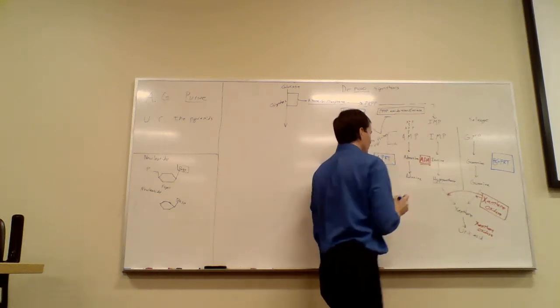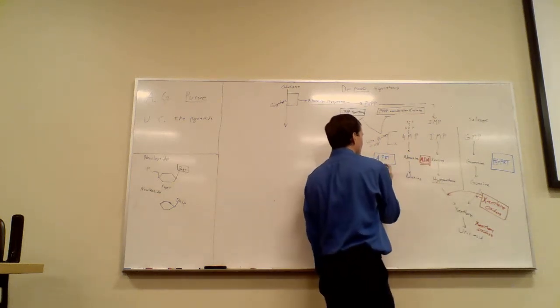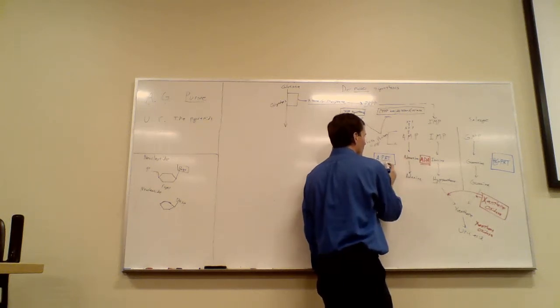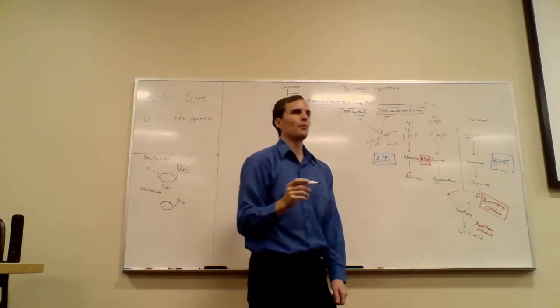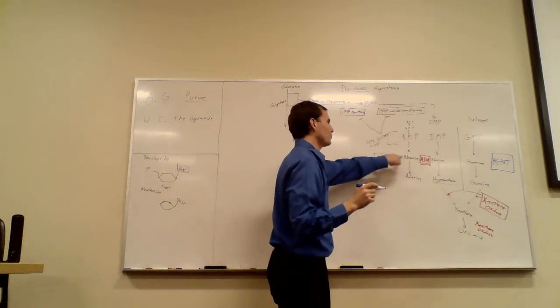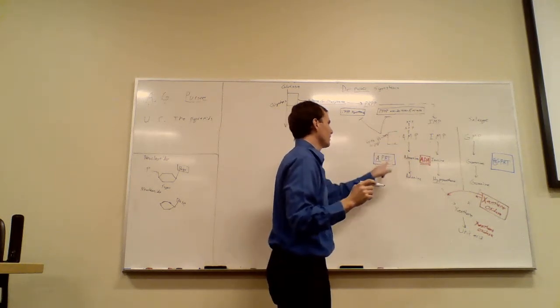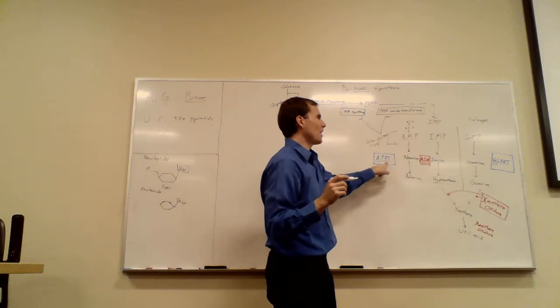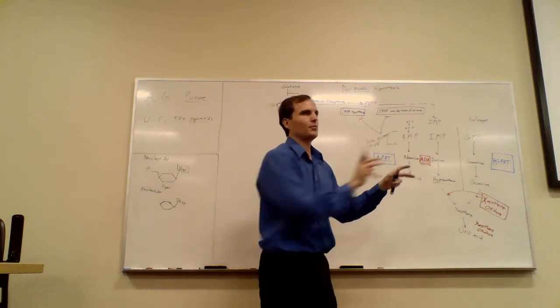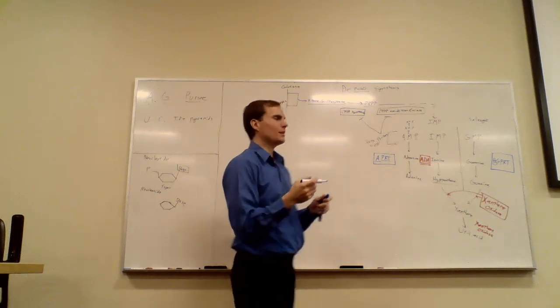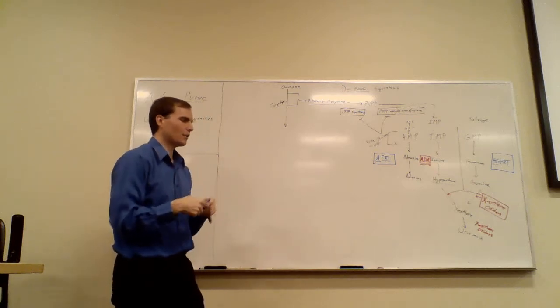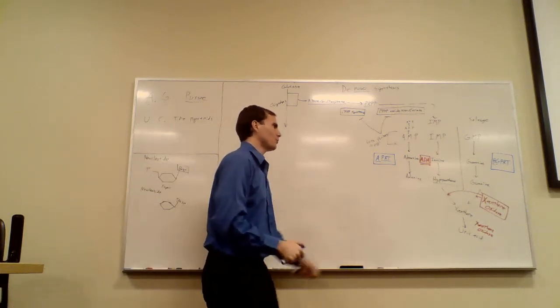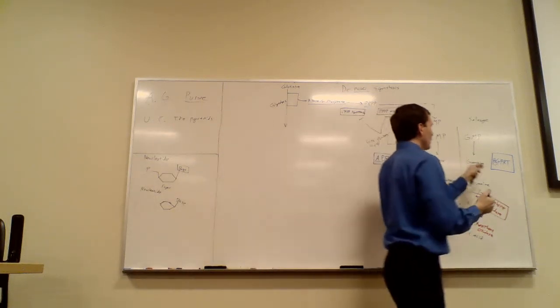The P is standing for a phosphate, so we have adenine phosphoribosyl transferase. The ribo is referring to ribose, so we're adding a ribose sugar and a phosphate. We're transferring them from something else and putting it on there.